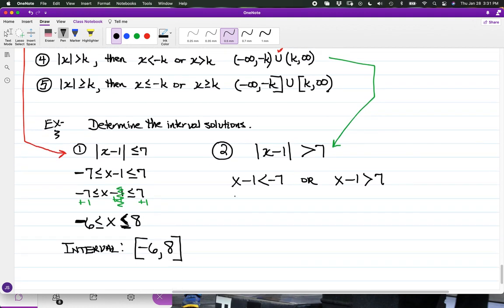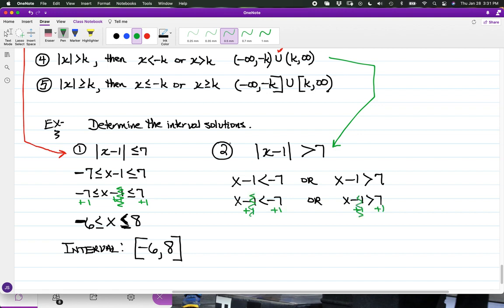So for what we have in the solution sets, if I isolate x in both cases, I have adding 1.